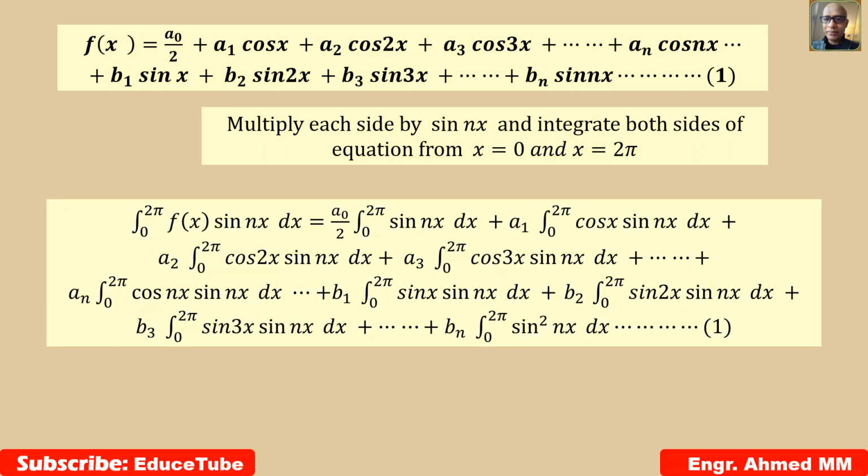So let's see which ones remain and which will be cancelled to 0. This one 0. This will also be 0. This is 0. 0. 0. 0.